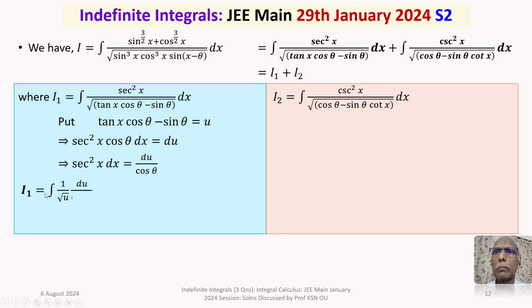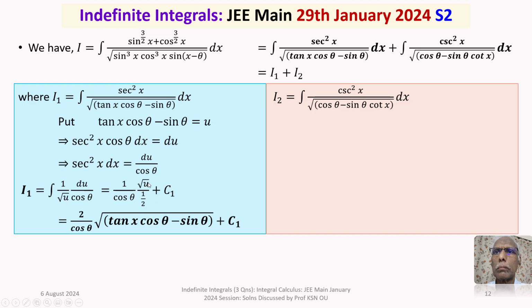I1 is equal to the integral of du by cos theta into 1 by root u. 1 by cos theta is constant, comes out, and the integral of 1 by root u is root u by 1 by 2, that is 2 root u, plus c1. That will be equal to 2 by cos theta under the square root of tan x cos theta minus sin theta, plus c1.